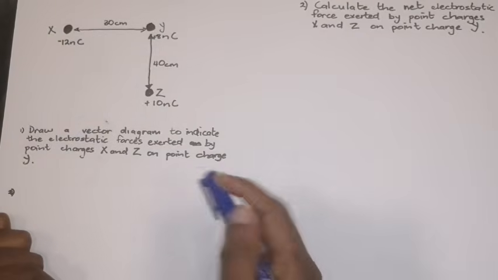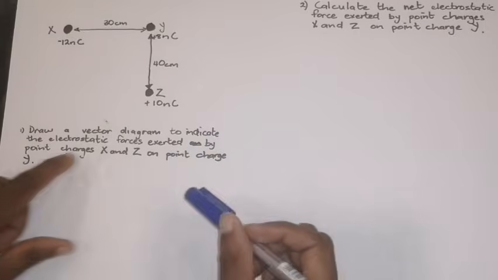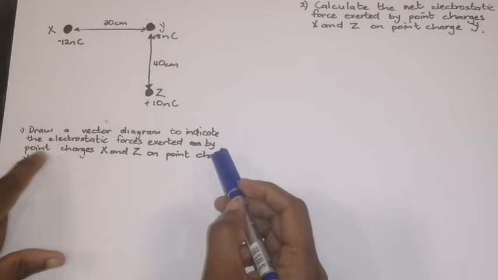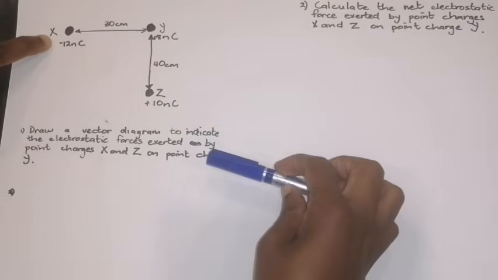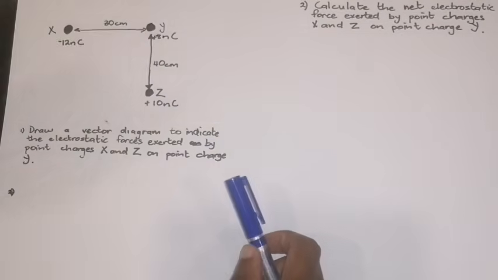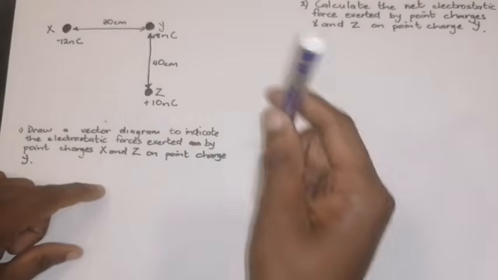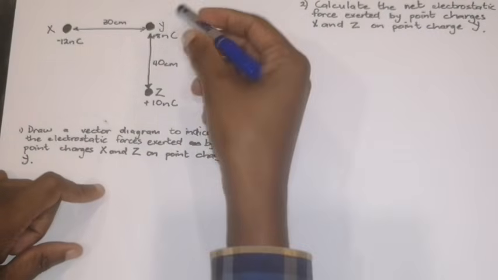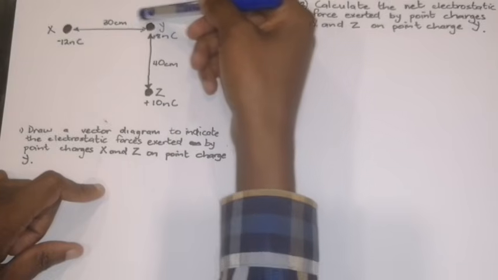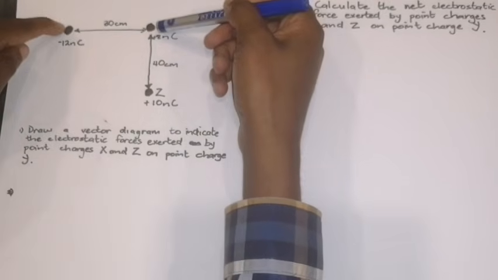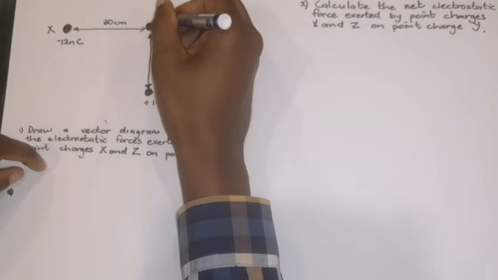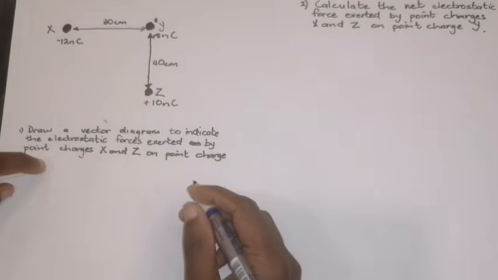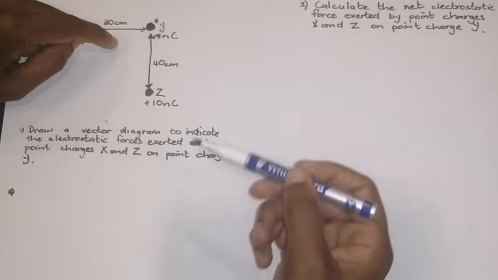First, we're asked to draw a vector diagram to indicate the electrostatic forces exerted by point charge X and point charge Z on point charge Y. Essentially we want to know the net force exerted on Y by X and Z. So we're going to focus on point charge Y. Please remember that.